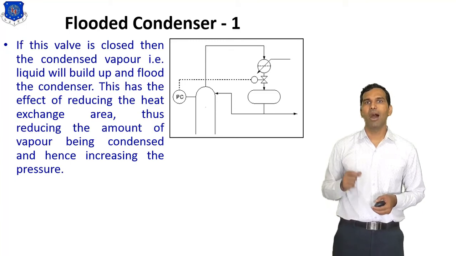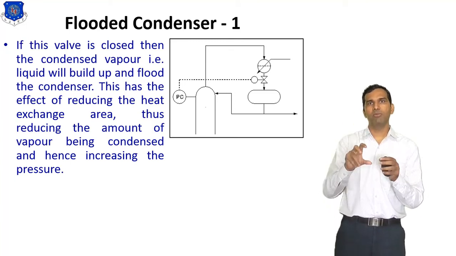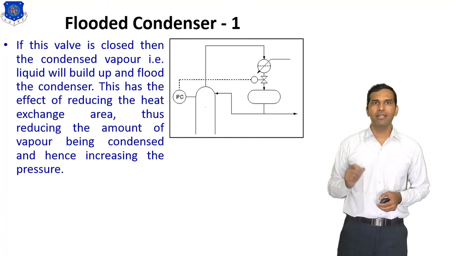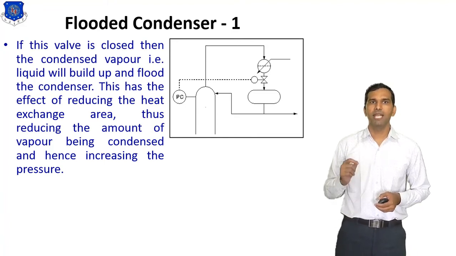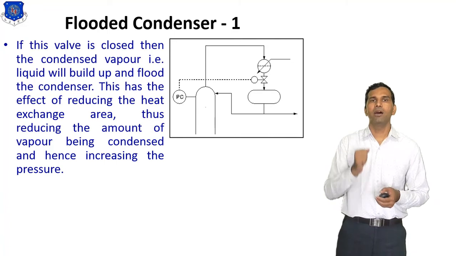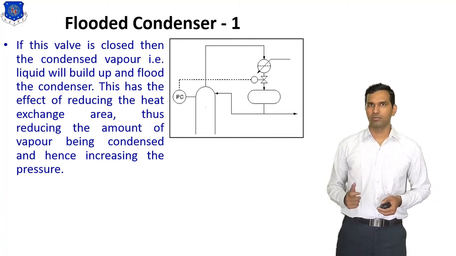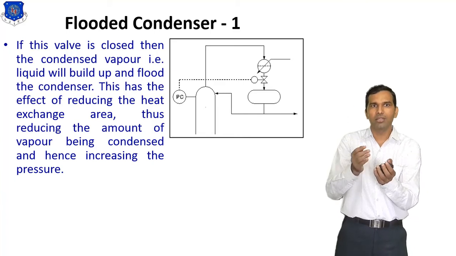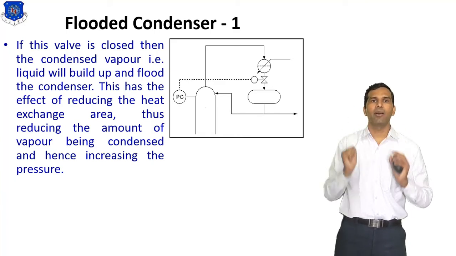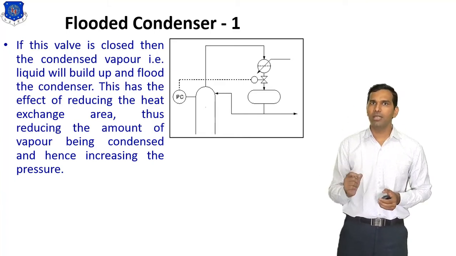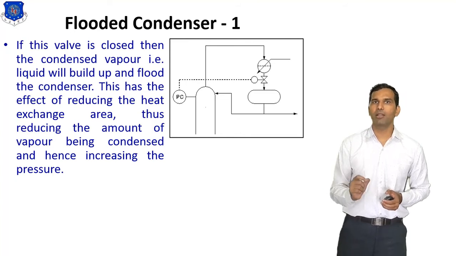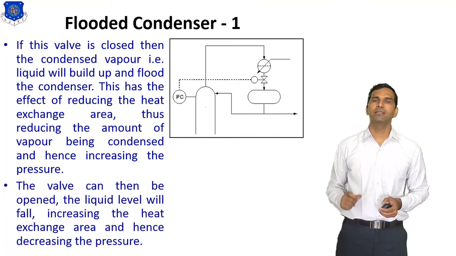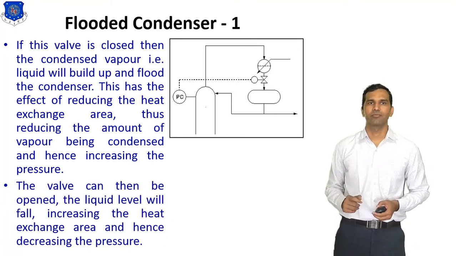That means if this valve between the condenser and the accumulator is closed, then the condensed vapor, that means liquid, will build up and flood the condenser. This has the effect of reducing the heat exchange area, thus reducing the amount of vapor being condensed and hence increasing the pressure.